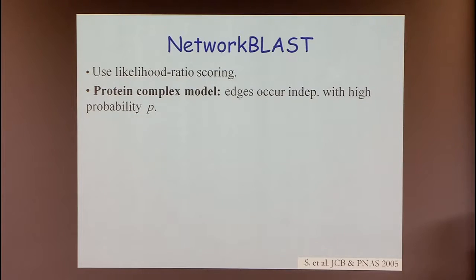The easiest definition that will ensure your model will decompose over the edges and non-edges of the network is to assume that every edge is independent of all other edges. And since you assume that the set of proteins has to be dense, you would like every one of the edges to occur with high probability. So you take some parameter, P, and you simply assume that every edge in a protein complex occurs independently with high probability P.